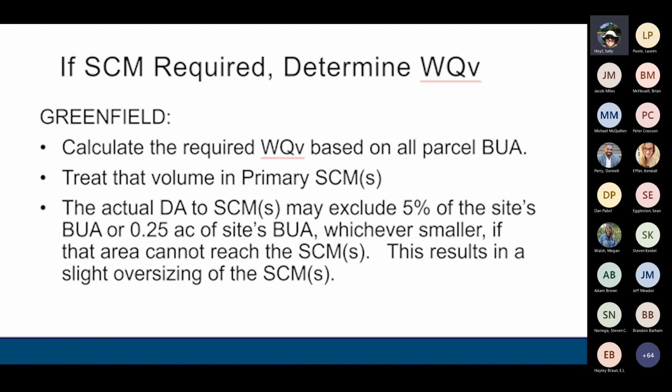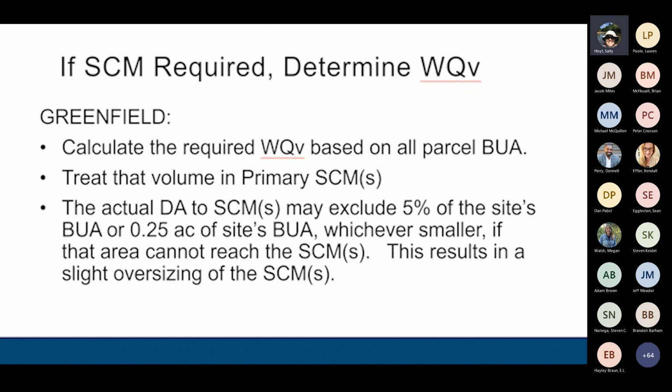Sure. So I thought folks might have a question about that. Basically, the state requires 100%. We're saying, okay, you are going to calculate the water quality volume for 100%, and you're going to size your SCM based on that. We are also going to check what is the actual drainage area to your SCM.